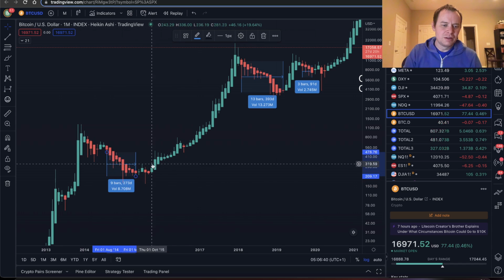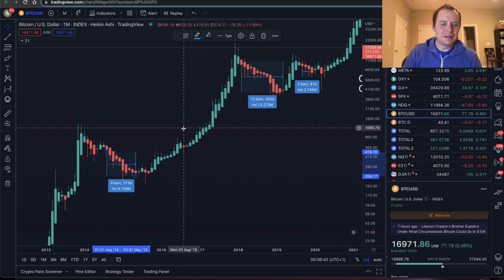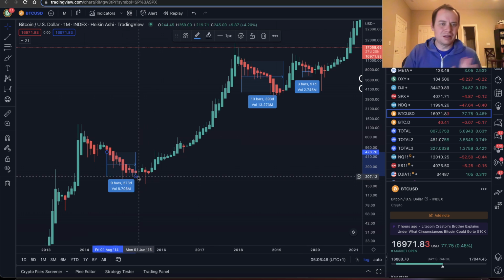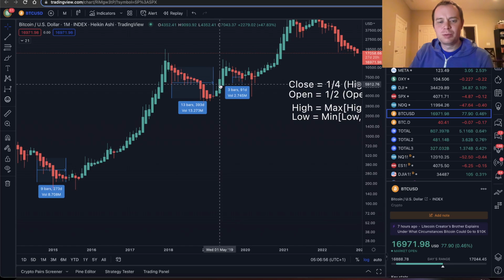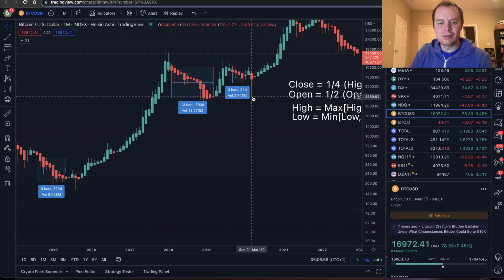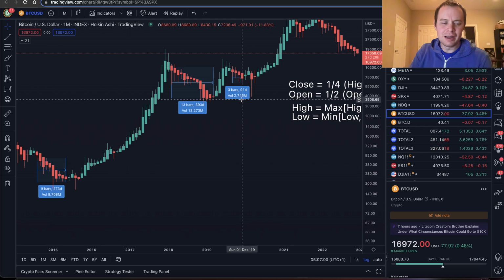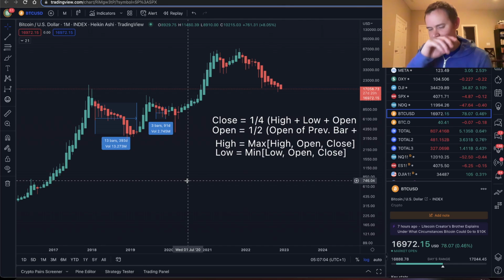So that's 14, 15, 16, and then we did have 1 red one. I don't know if you really want to include that one, but we had about 15, 16, something like that, red monthly Heikin-Ashi candles before we got into the bull run that led us to the new all-time highs. The reason why it's difficult to say is that this was a pretty big pullback that took us all the way back down near the low, right? So I do think that's at least somewhat important to consider.